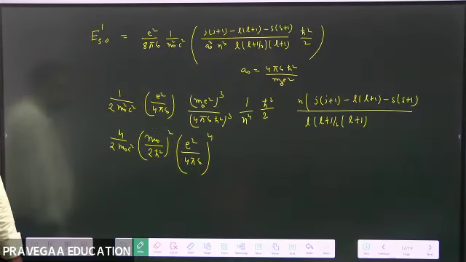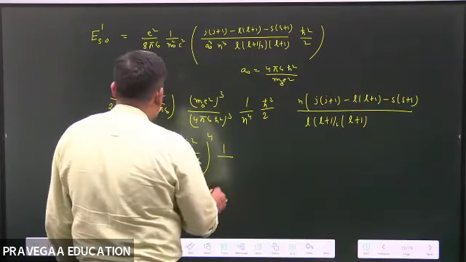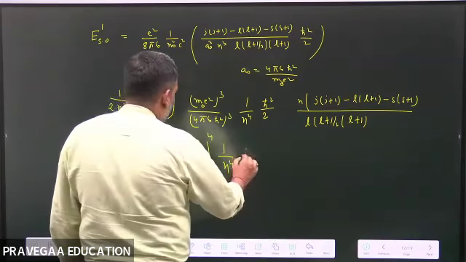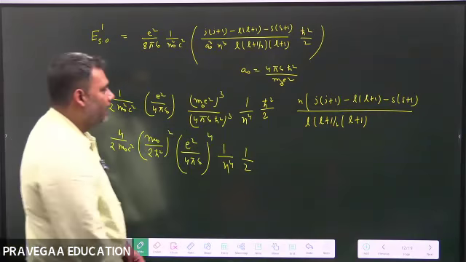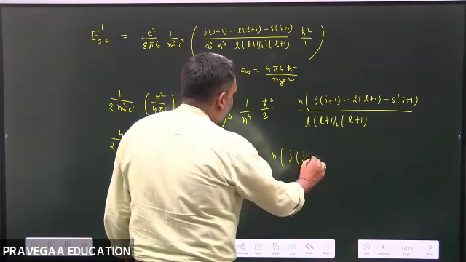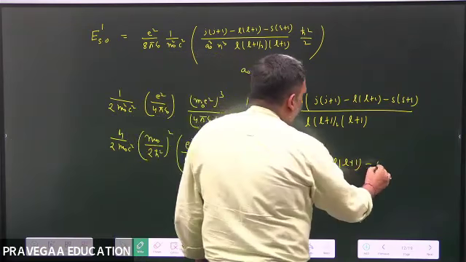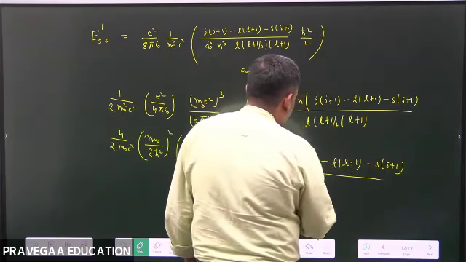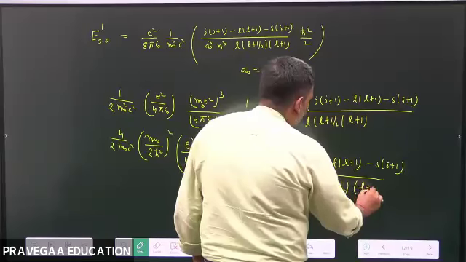Is this coming? Yes, sir. Agreed? And what I have is 1 upon n to the power 4 into 1 by 2. And what do you have then: n j into j plus 1 minus l into l plus 1 minus s into s plus 1. And here we have l into l plus half, l plus 1.